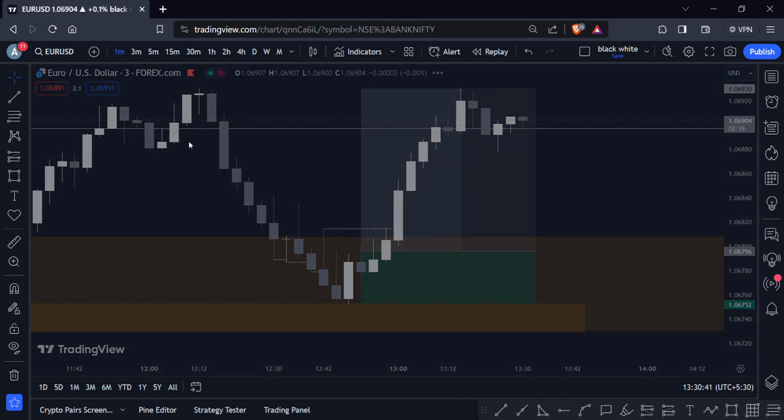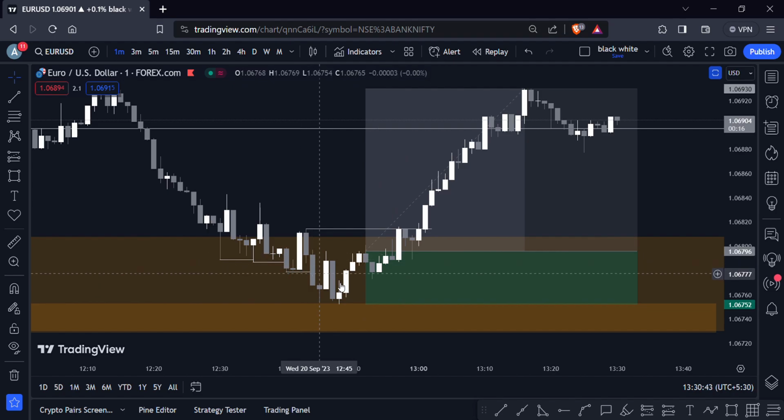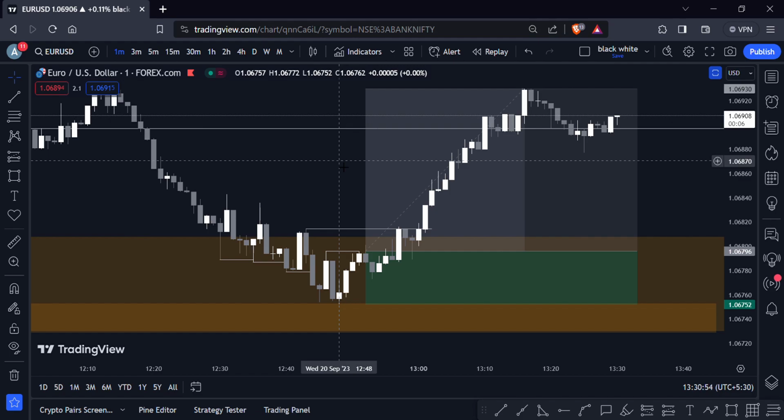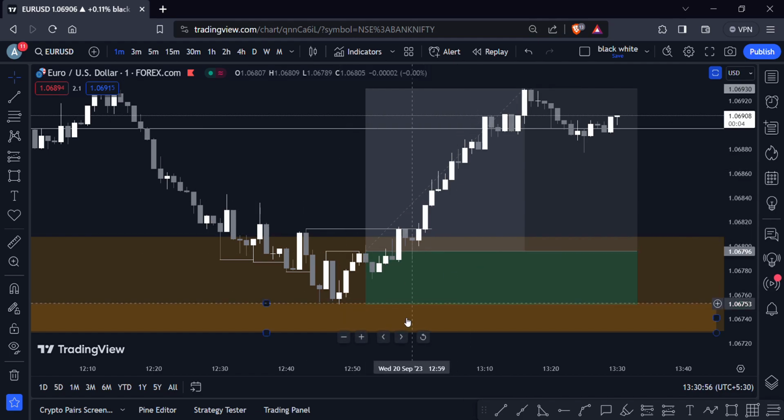So finally, when the price shifted to this level, the first break of the supply zone, I was cautious that I'm going to execute my trade.